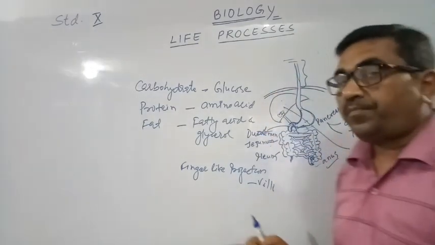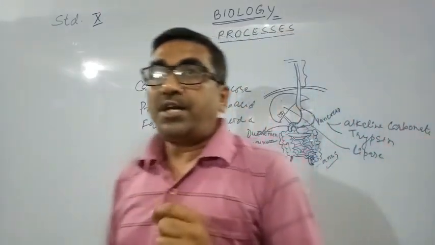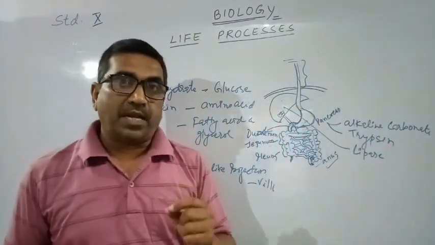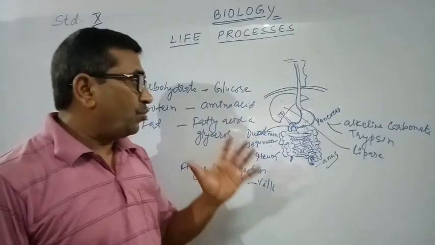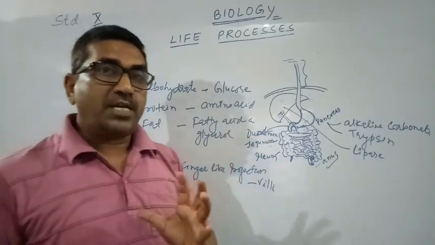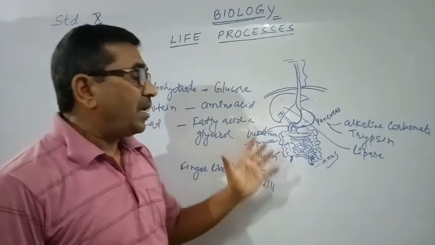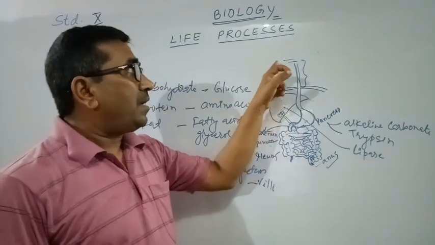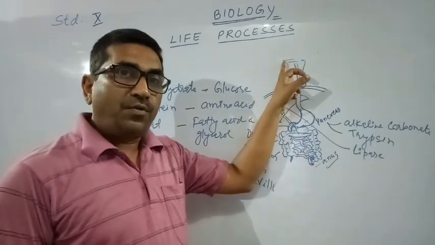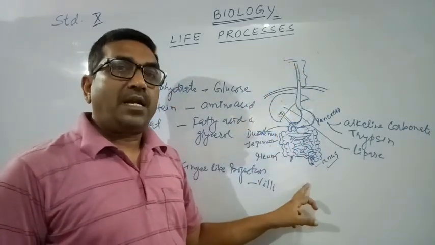This is the complete digestion, how digestion takes place in the human being, that we have gone through with the diagrams. You should go through this video and your NCERT book to understand how digestion takes place in the human being, from taking in the food till it is expelled.